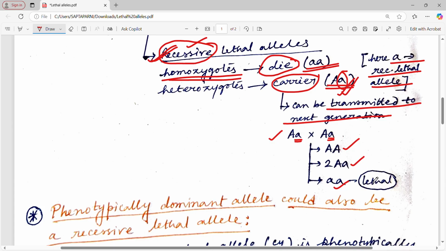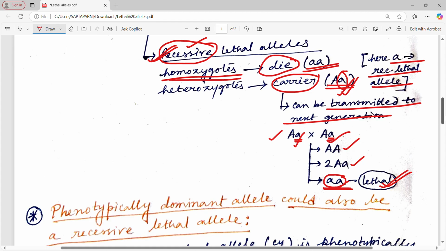Now you can see small a from the father and small a from the mother is inherited in this progeny, and due to the presence of the recessive lethal allele in homozygous condition, this progeny will die or show the lethal phenotype. Whereas the other three will survive. That is how the recessive lethal allele can be transmitted from one generation to another by the carriers.